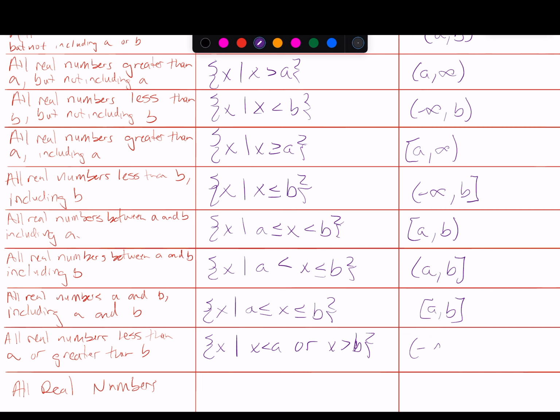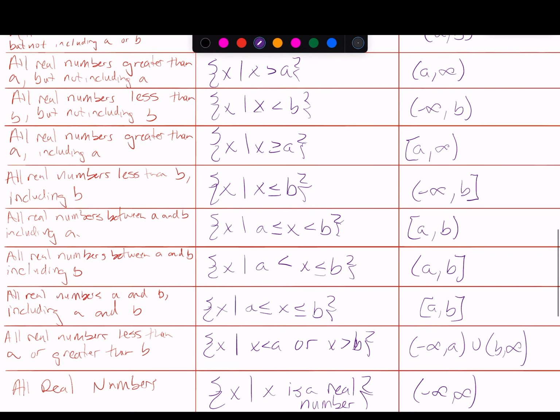We have negative infinity up to a, not including a, union from b to infinity, not including b. And then finally, all real numbers. Well, that's the set of all x such that x is a real number. Close that curly brace. And the interval is negative infinity to positive infinity.